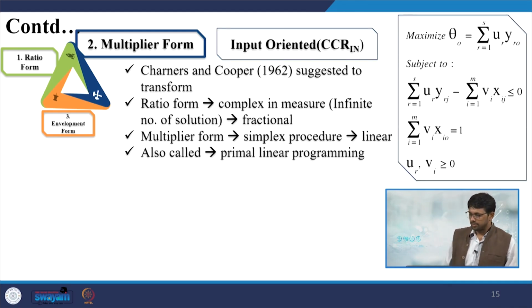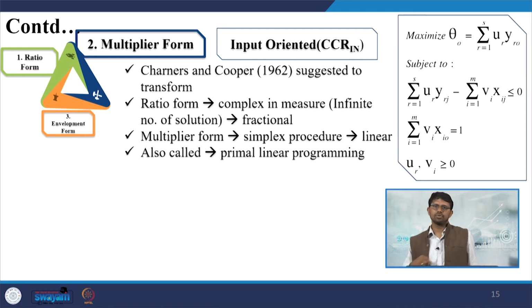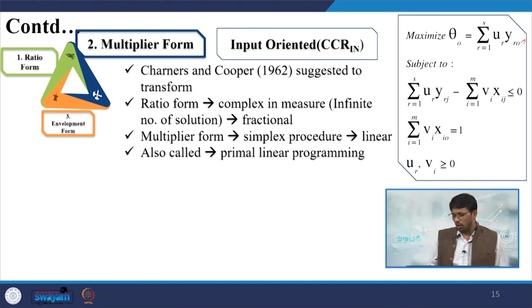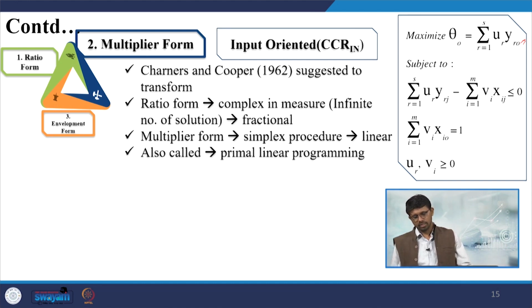Hence, the equation is maximizing theta. Theta stands for the efficiency score, and that is basically a linear combination of the respective weights of the outputs of the DMU, the rth number of outputs, subject to the gap between output and input.